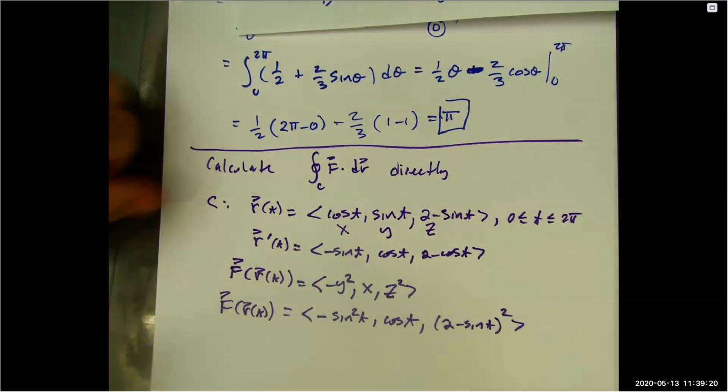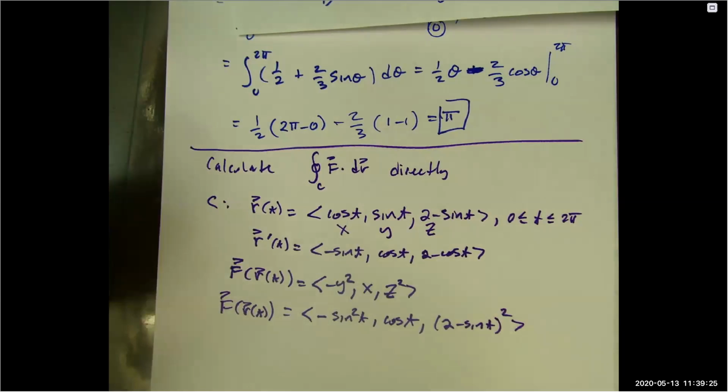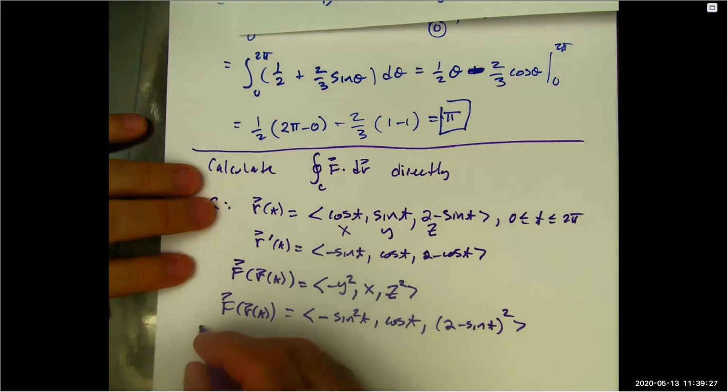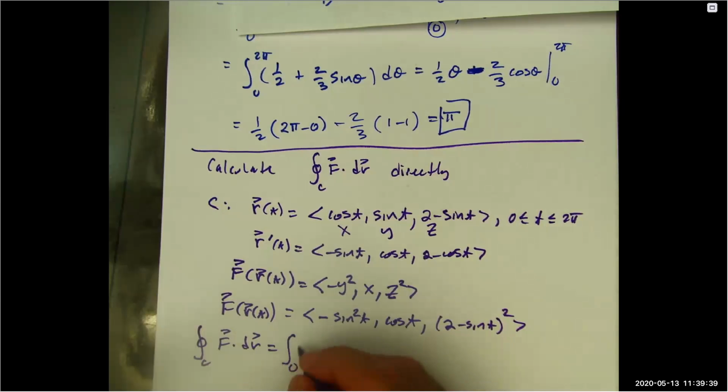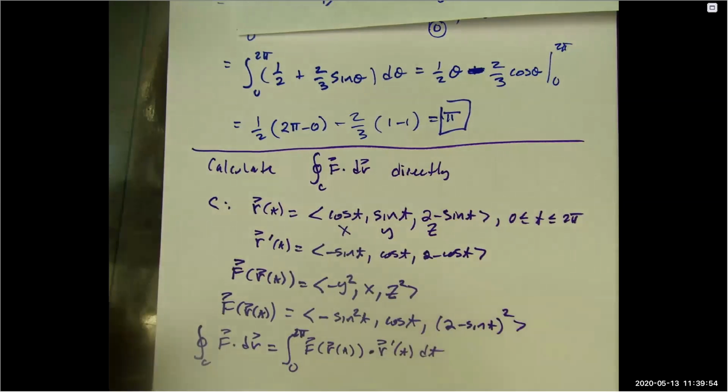All right, so now what we need to do is calculate our dot product. So if we calculate the integral along C of F dot dr, this is going to be equal to the integral from 0 to 2 pi of F of r of t dotted with r prime of t dt.